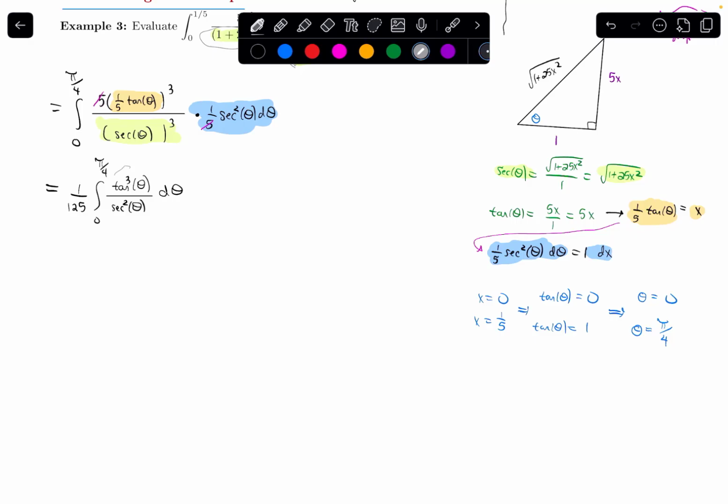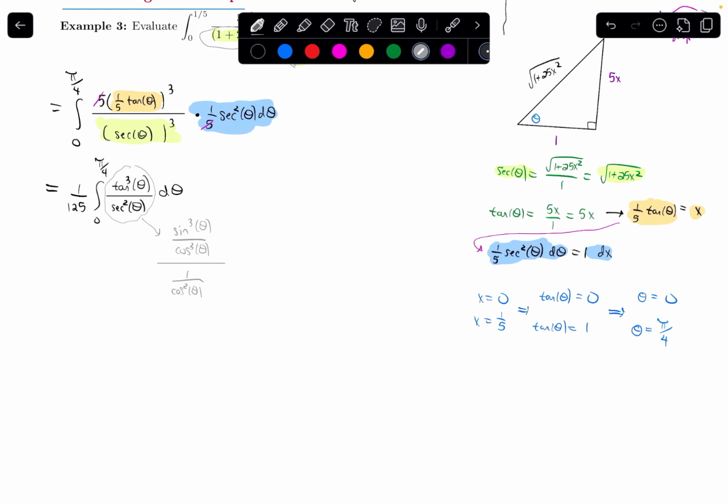One of the ways I can try to handle this is to convert all the tangents and secants into sines and cosines. So tangent is sine over cosine. So I'll get sine cubed over cosine cubed. That whole thing divided by secant squared. Secant is 1 over cosine, so I'll get 1 squared, which is 1, over cosine squared.